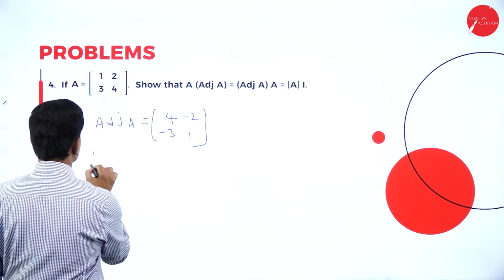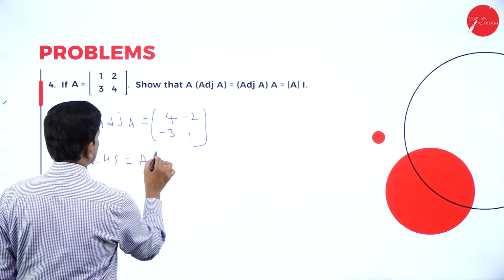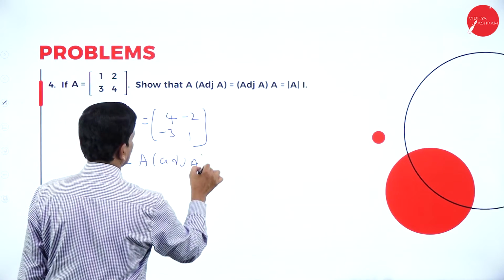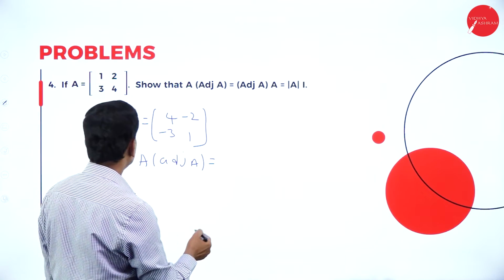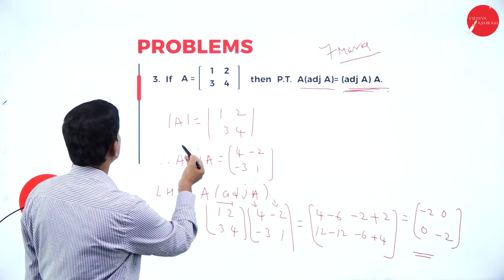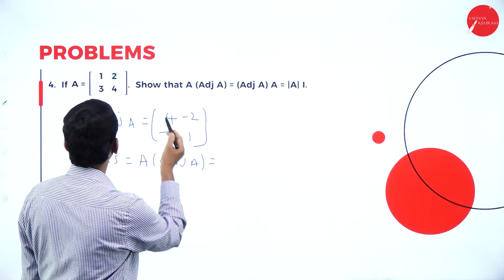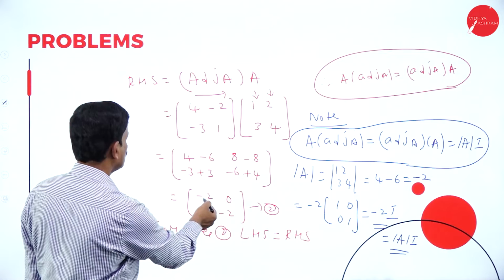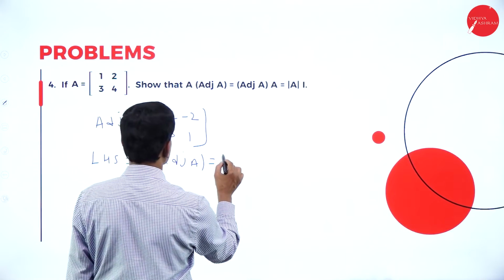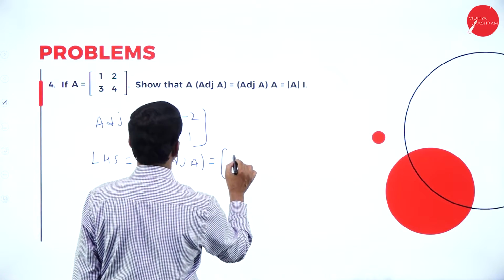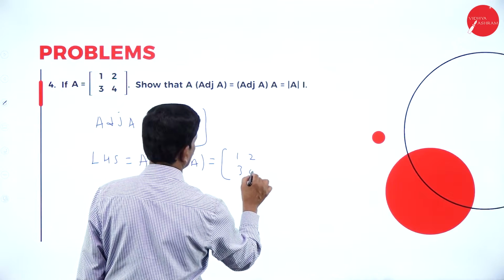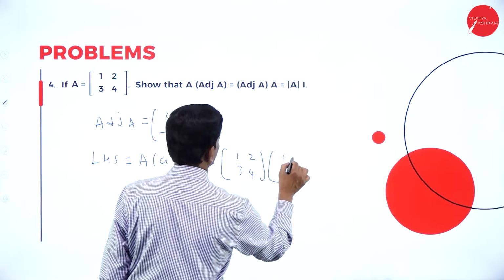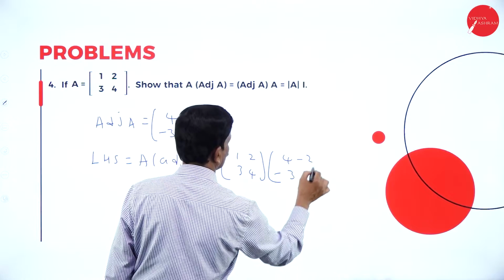Then multiply it. LHS is A into adjoint of A, the same problem, 1, 2, 3, 4 and 4, minus 2, minus 3, 1.